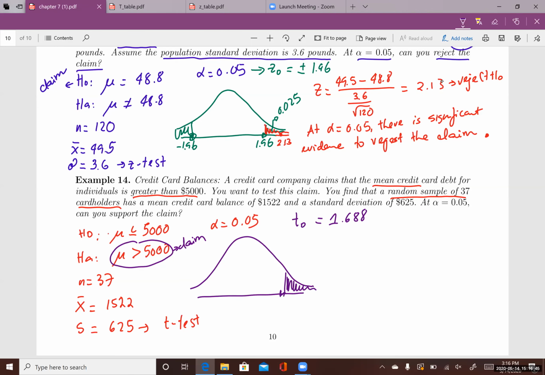All right, now I have to find the standardized test statistic t. What is t? It equals x bar 1522 minus mu 5,000, divided by s, which is the sample standard deviation, divided by the square root of n. Let's see what we have.